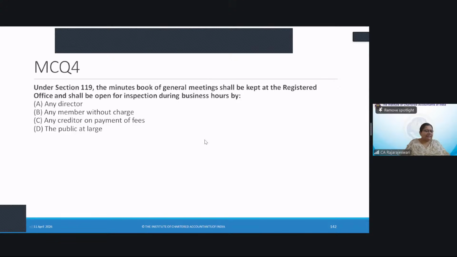We'll go to the next MCQ. Under section 119, the minutes book of general meetings can be kept at the registered office and shall be open for inspection during business hours by: any director, any member without charge, any creditor on payment of fees, the public at large.